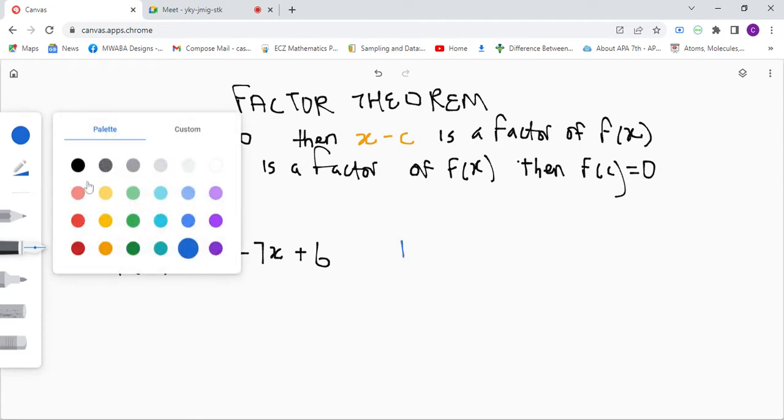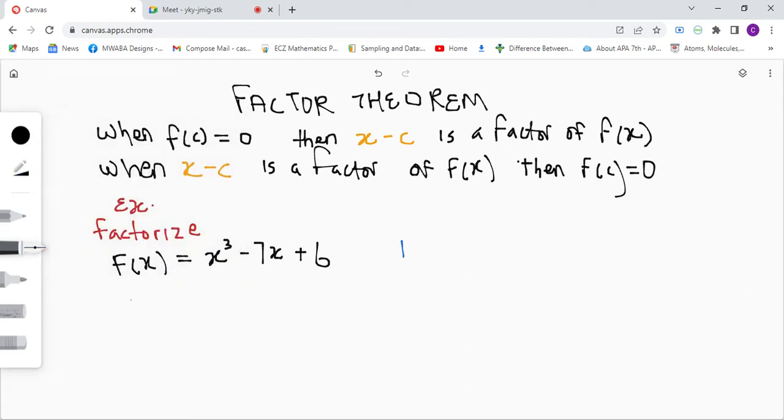So if we say f of 1 equals, wherever there's x, we substitute it with 1. So we have 1 cubed minus 7, plus 6.